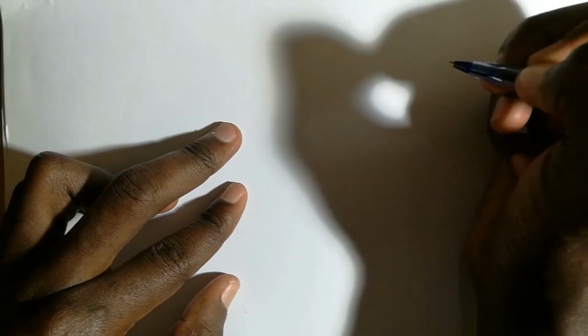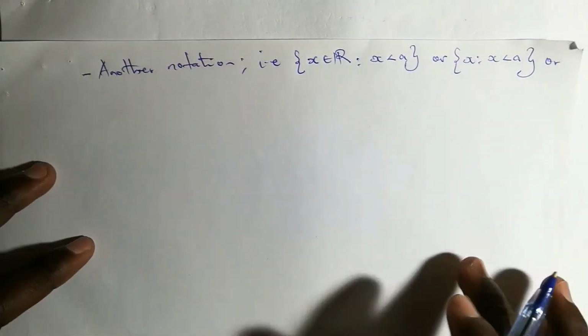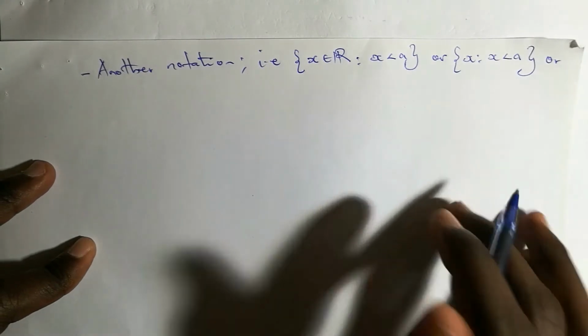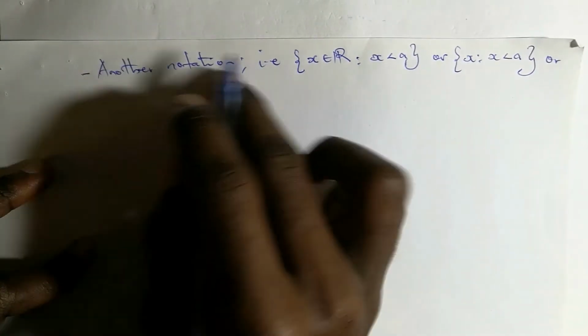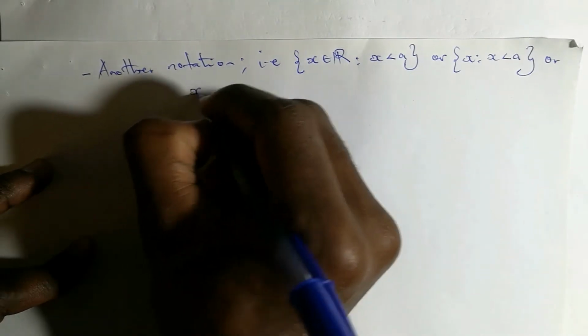Let me say that for x in a real set whereby x is less than a, this same solution set can also be expressed as x for x less than a, or can simply be written as that.